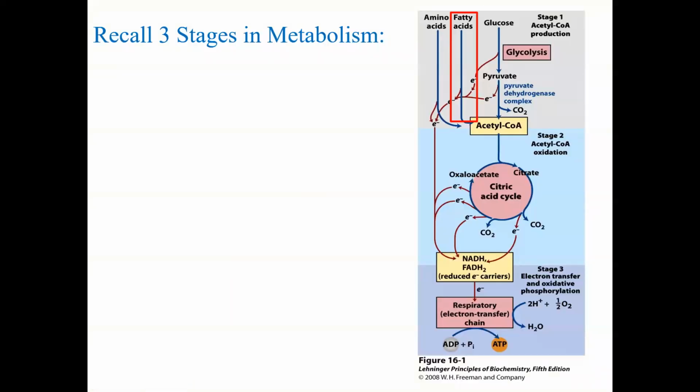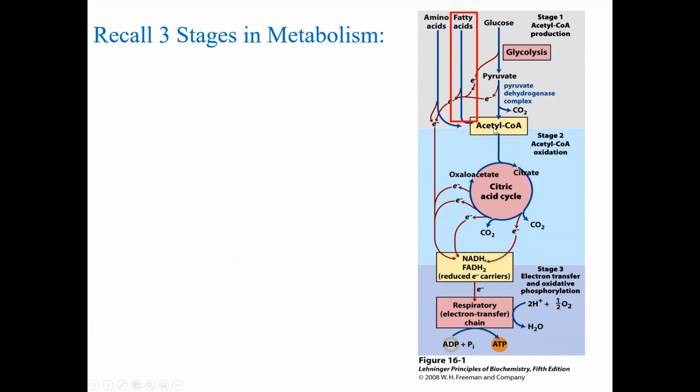So again, I want to just bring your attention to the three stages of metabolism that we have been talking about. And you will see it's shown here on the right-hand side, stage 1, stage 2, and stage 3. Stage 1 is where you produce acetyl coenzyme A, either from amino acids, proteins, sugars, or fatty acids.